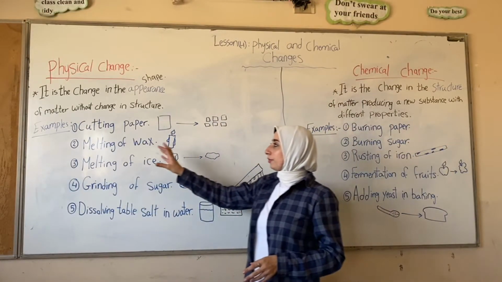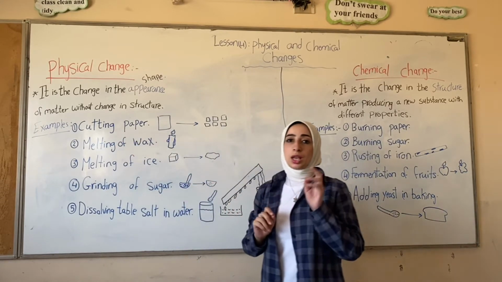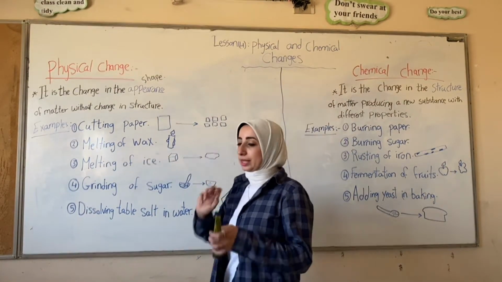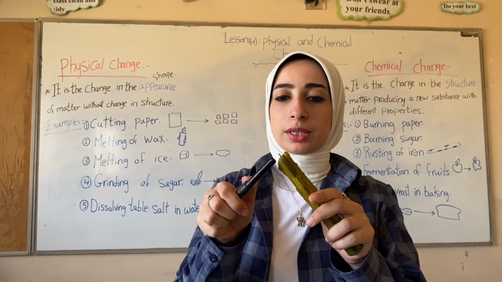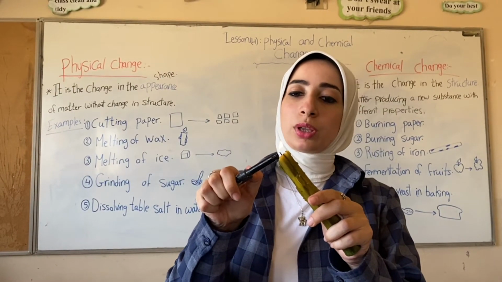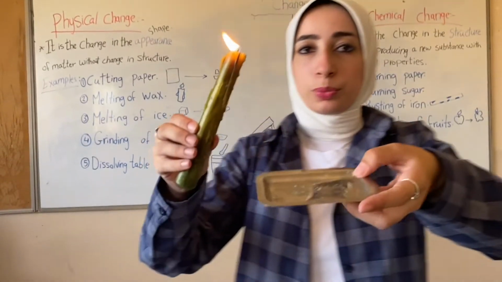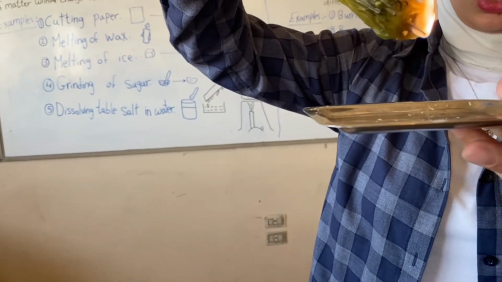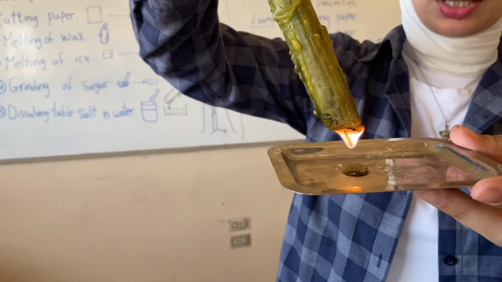So we have finished the first example, cutting paper. The second example is melting of wax. If I have here a candle, and I'm going to melt its wax, observe with me. Can you see the drops of the wax?